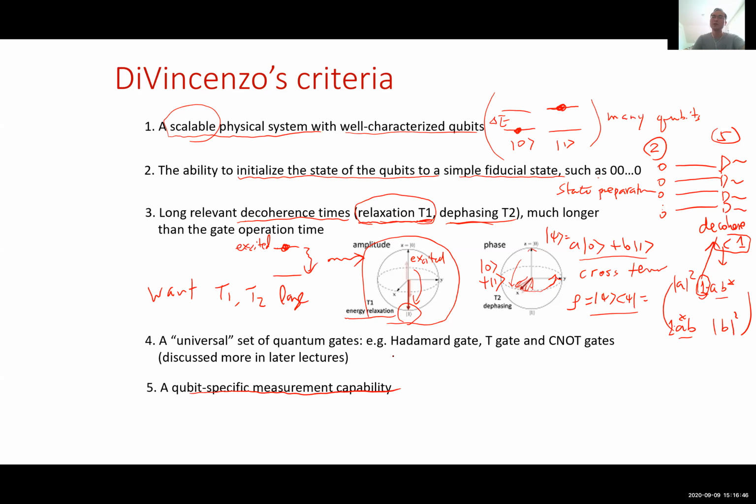Otherwise, we cannot read out the outcome. So when you see a physical system, you should ask yourself whether it satisfies all these criteria. If it does, then it can be a very useful physical system for quantum information processing. Okay.